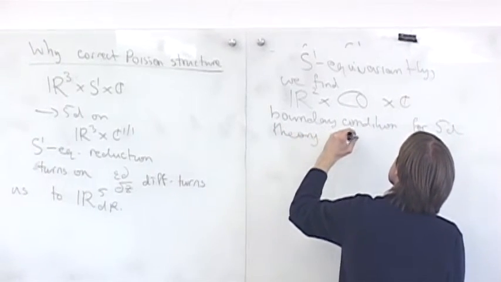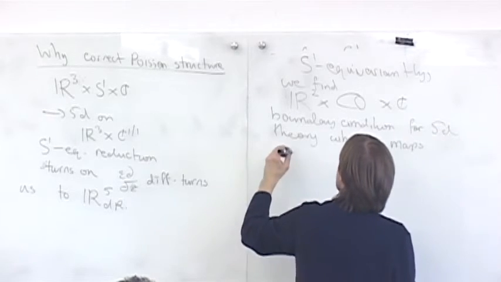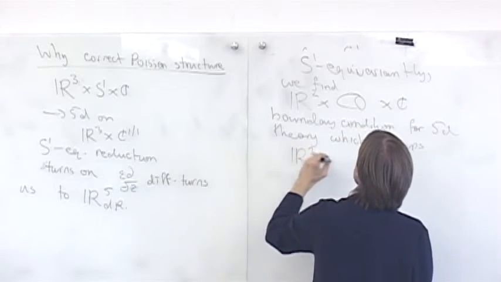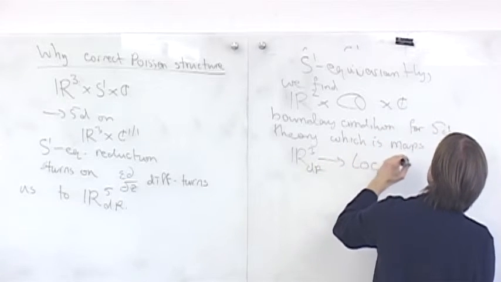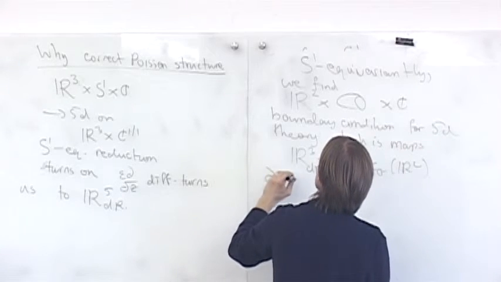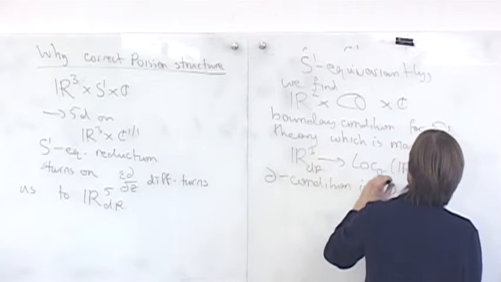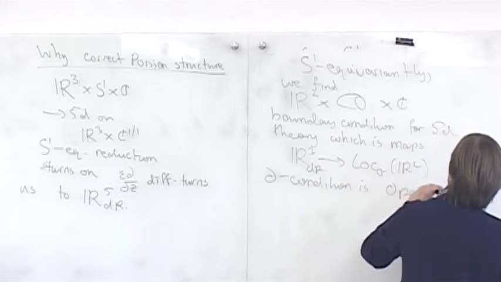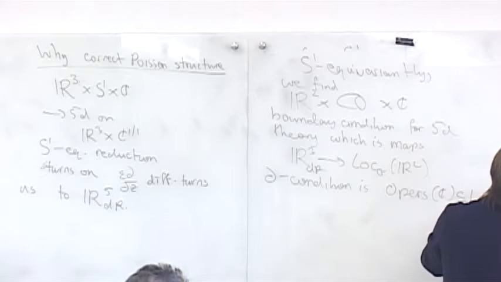The 5D theory is maps from R3 to RAM, G local systems in R2, and the boundary condition is given by opers on C.